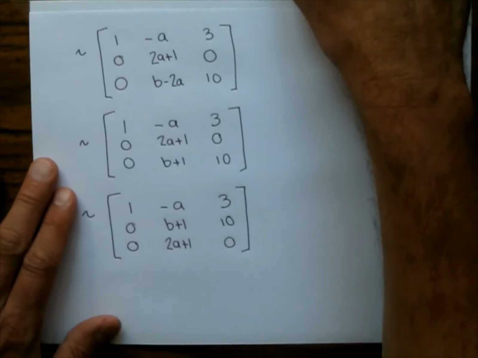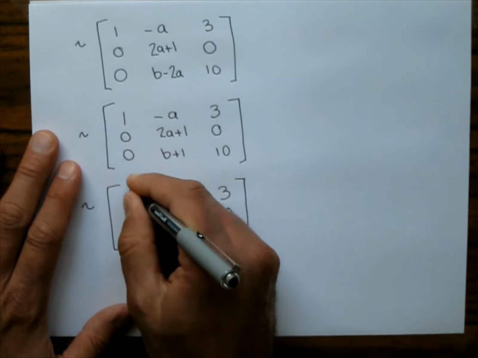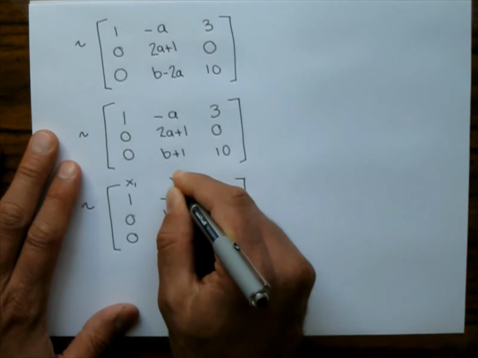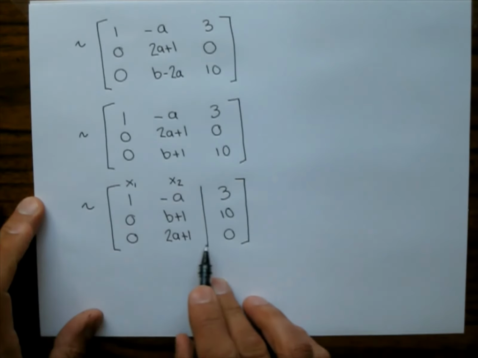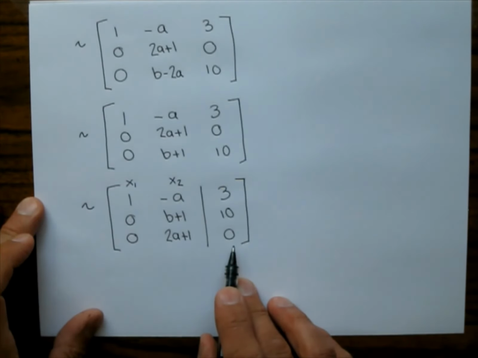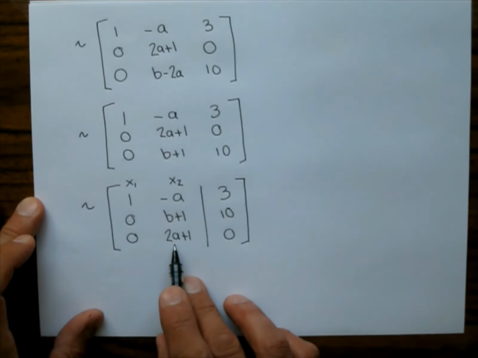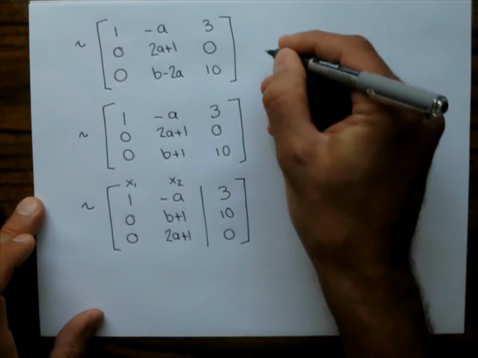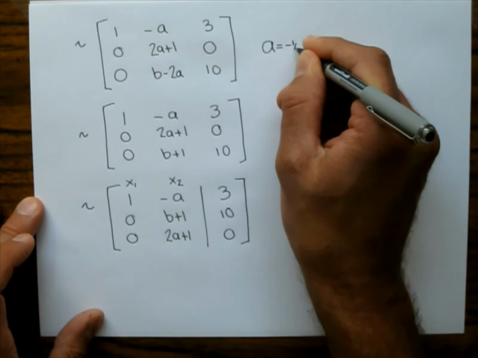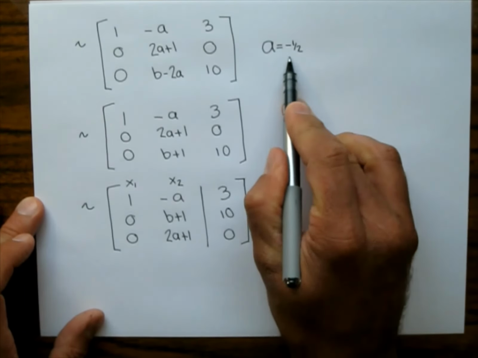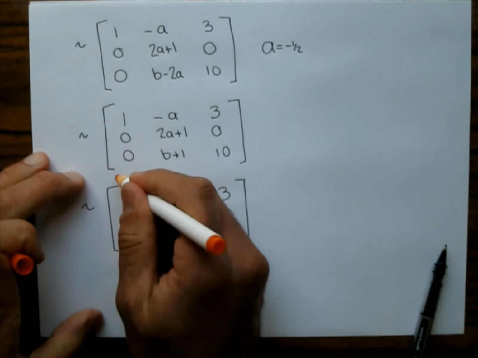So let's move this up a little more. Here's the equation. This one was x1. This is x2. Well, I can zero out the bottom row if a equals what? This whole thing has to be 0, so a is negative 1/2. Now I'm putting it right up here, but I'm focusing on this matrix the whole time.